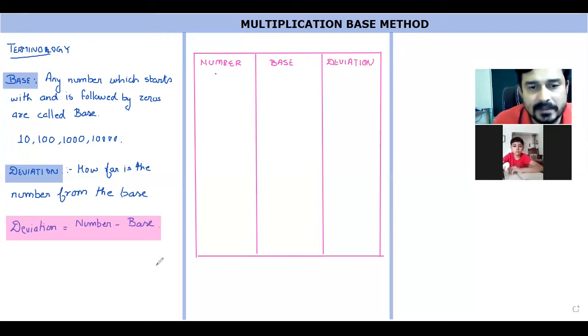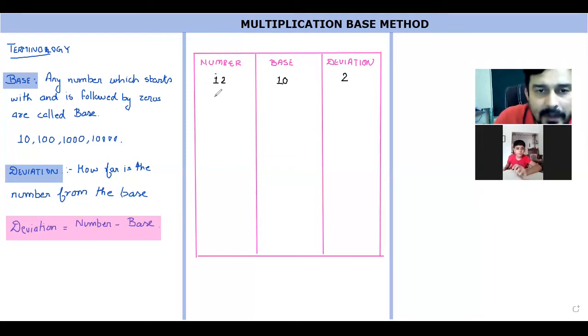Say the number is 12. If the number is 12, then what is its base? The base will be 10. And deviation is number minus base, that is 12 minus 10, which is equal to 2.